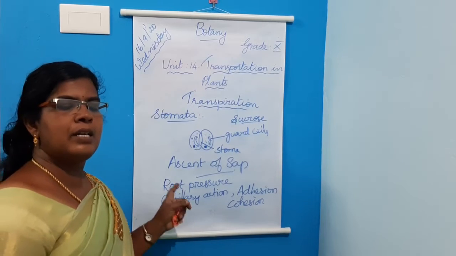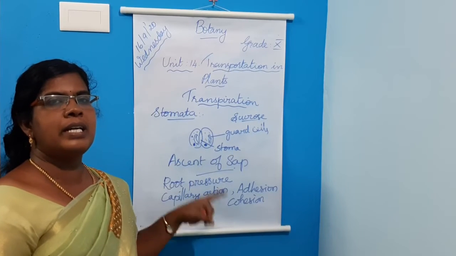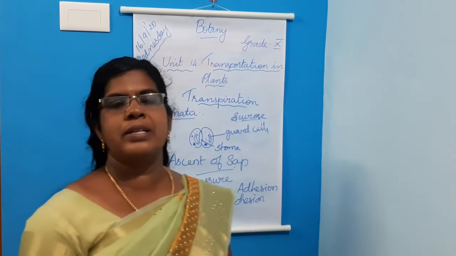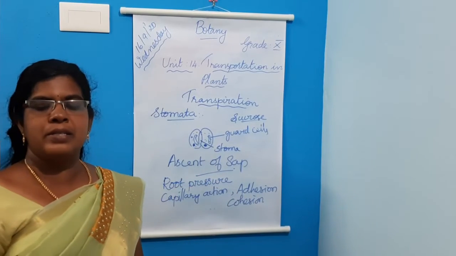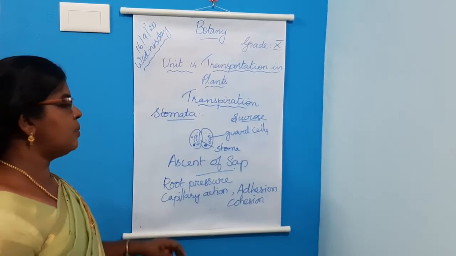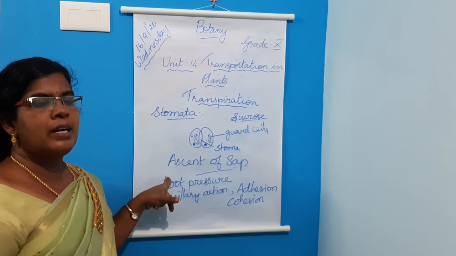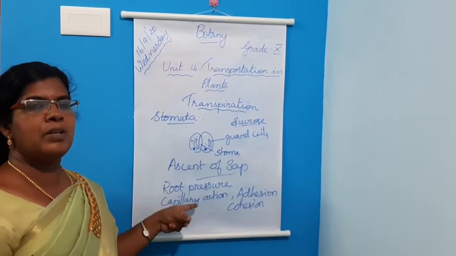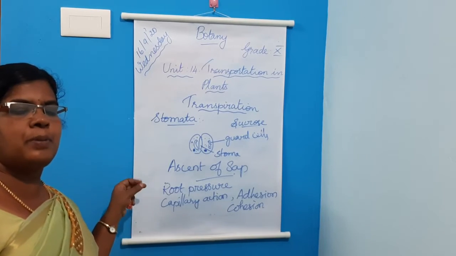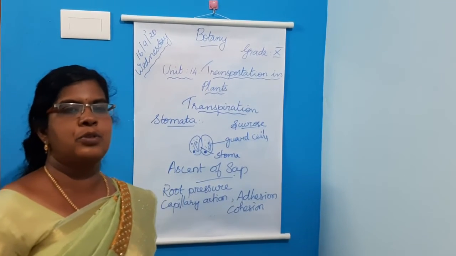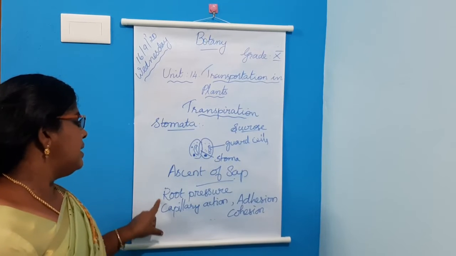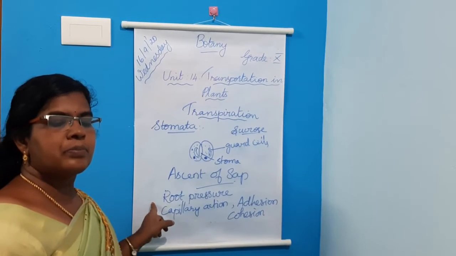First is root pressure. Soil water enters into the root hairs due to osmosis. The root pressure is responsible for the ascent of sap, the movement of water upwards. Because of this root pressure, water rises up into the base of the stem. Next, capillary action.